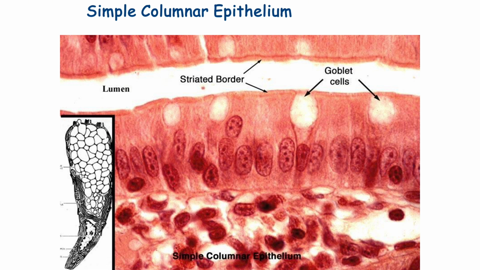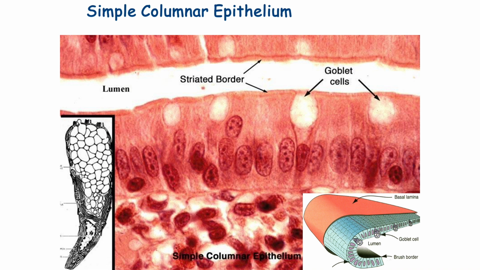When you look at this very one, which is simple columnar epithelium, you find that the cells are taller than wide. Again, the nuclei of the cells are also elongated, so that is simple columnar, and it sits on the basement membrane.